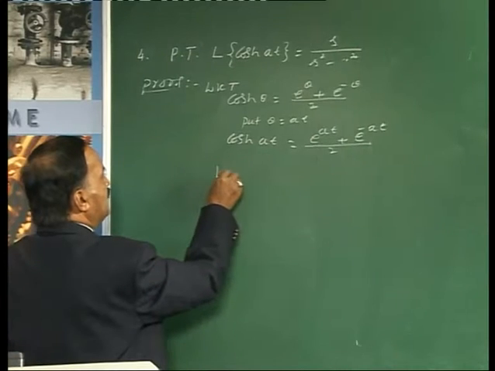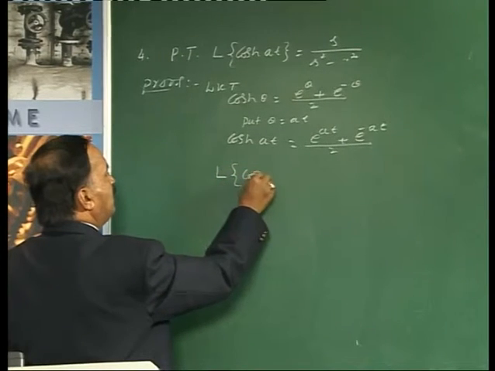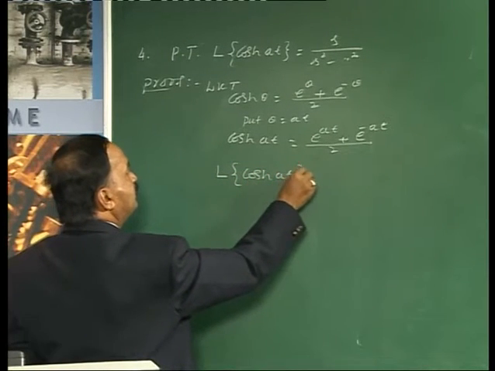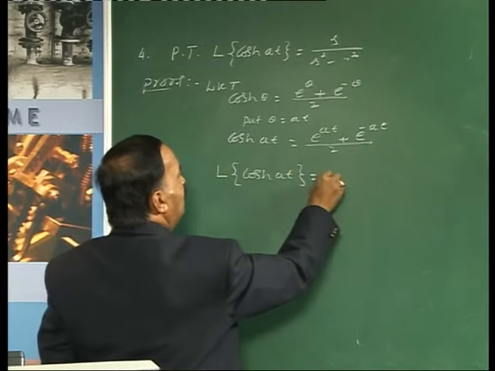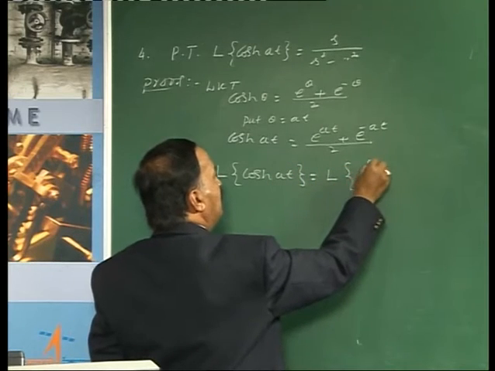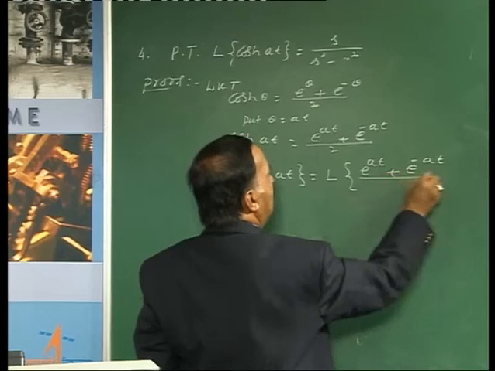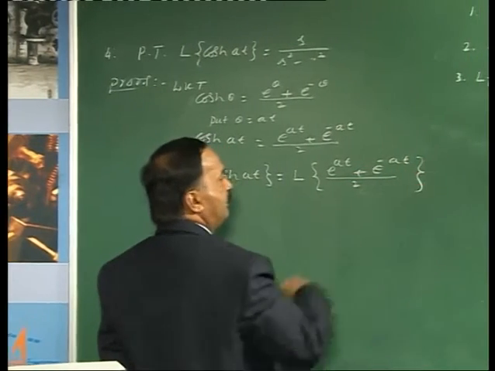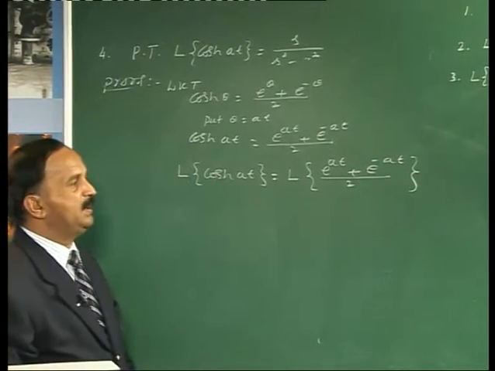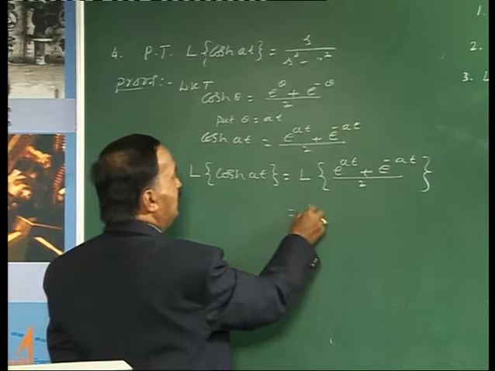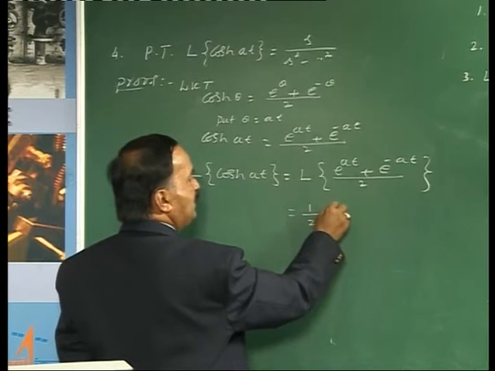Taking Laplace transform both sides, we get L of cos hyperbolic at is equal to L of e to the power of at plus e to the power of minus at divided by 2. That is equal to 1 by 2 is constant, we can take outside.